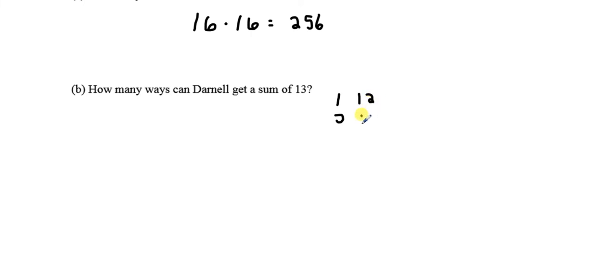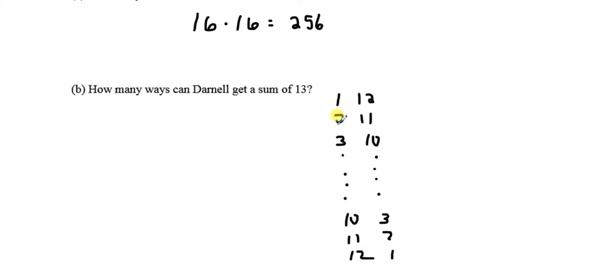You can roll a 2 and an 11, 3 and a 10, 4 and a 9, 5 and an 8, 6 and a 7, 7 and a 6, all the way up to, once we get up to 10 here, it'll be 3 and 11, then 2 and 12, and then 1. 12 and 1 will add up to 13.